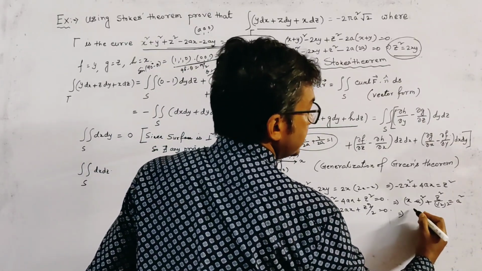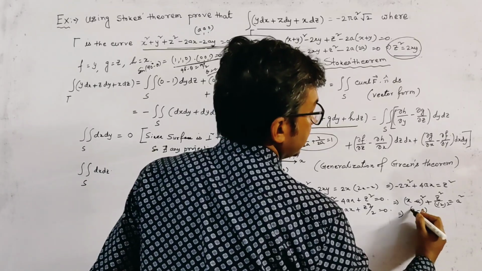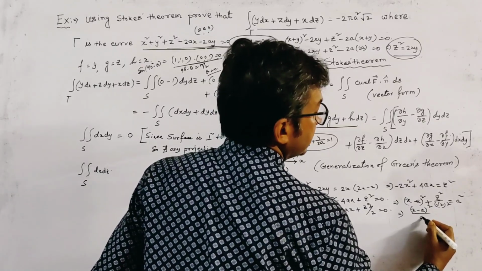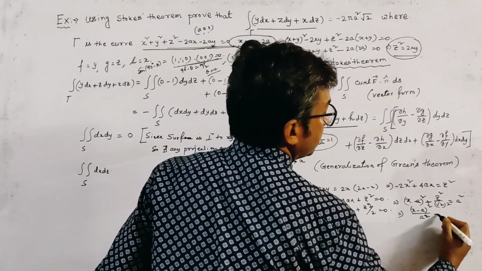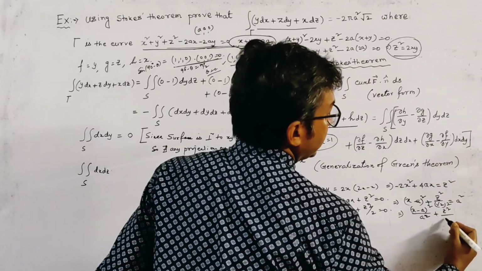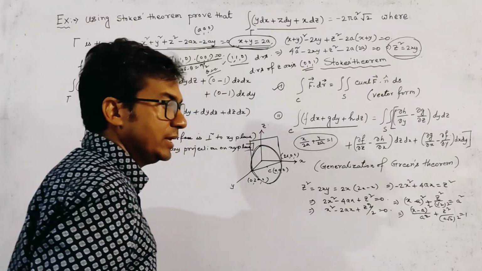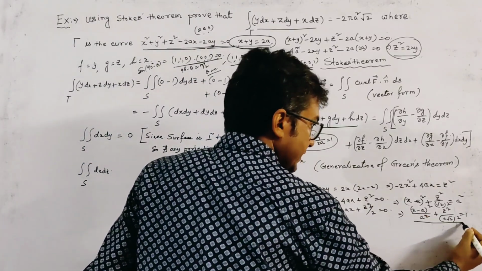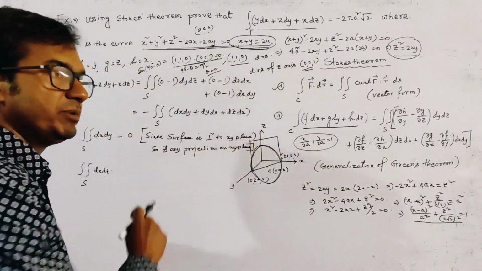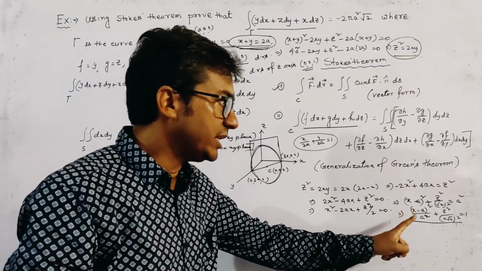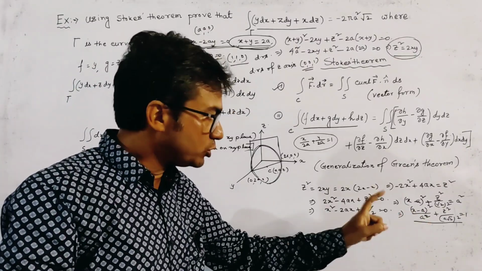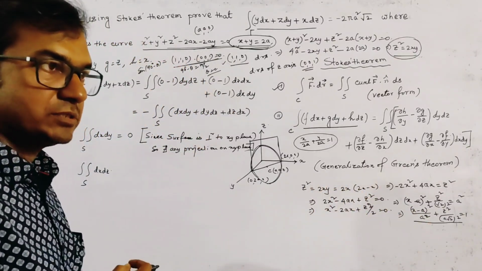We write this relation as (x minus a) whole square by a square plus z square by (a root 2) whole square equal to 1, and this relation shows that the projection in the xz plane is clearly an ellipse.